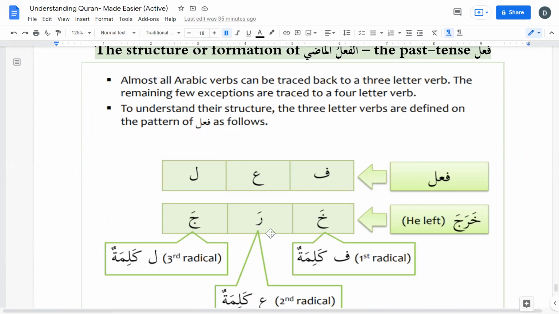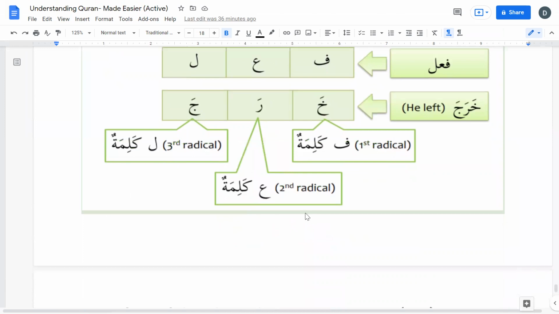In Fi'l Madi, we also learned that 99.5% of the time, all vocabulary words have 3 root letters. The root word contains 3 root letters, and in Fi'l Madi the pattern could be fa'ala or fa'ila or fa'ula.